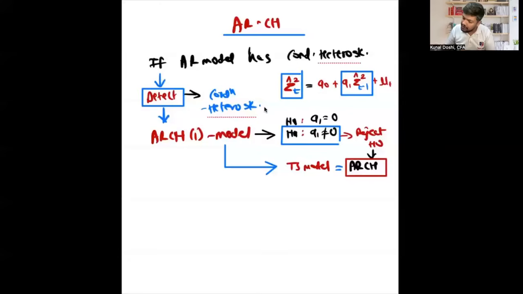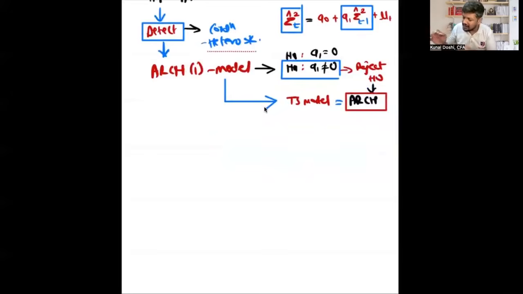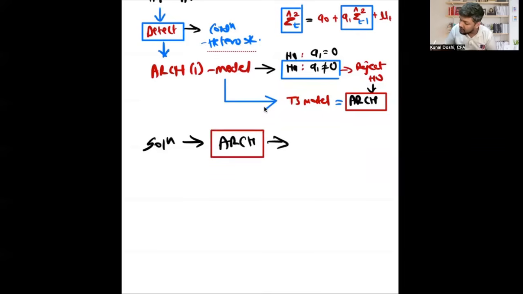So then I will use the ARCH model, and here it might sound very weird, but the solution is that if you detect it, you will first predict the error. So we will forecast the error for t plus 1 based on the previous.